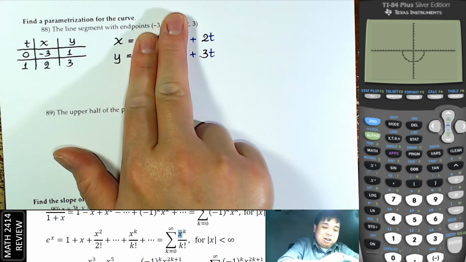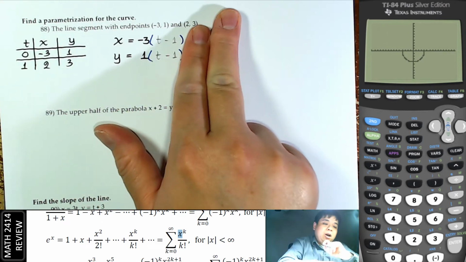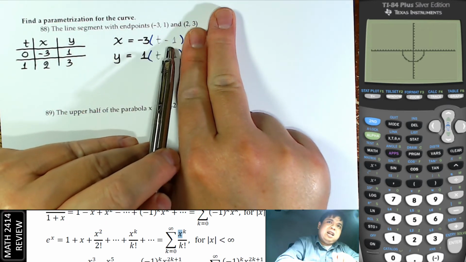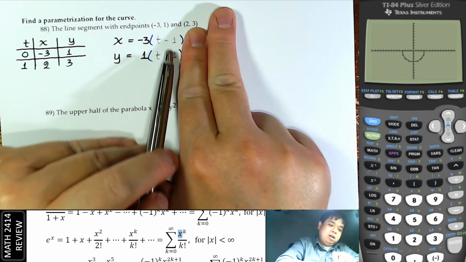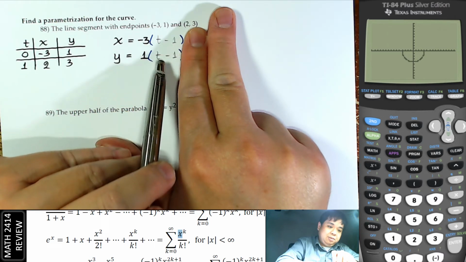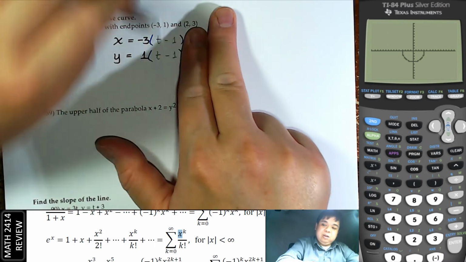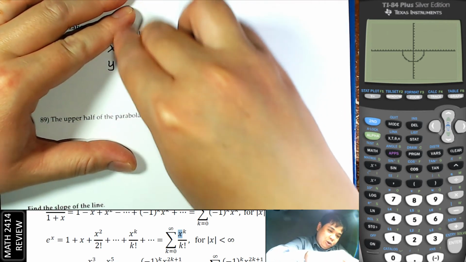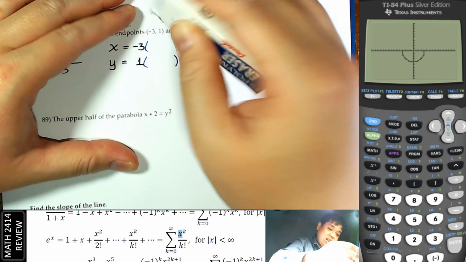That's one correct. Now, when t equals 0, this 2 disappears. But if that's the case, this will be negative 1. So that doesn't work here, because that would be negative. So instead of putting t minus 1 in there, we have to put 1 minus t.